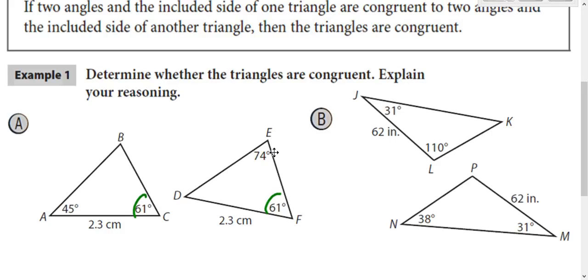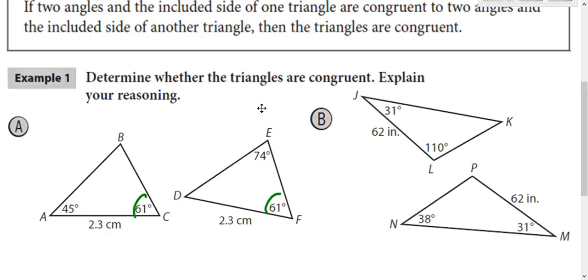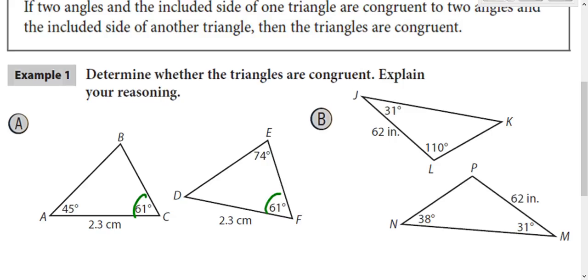The only problem here is we have 74 degrees up top, which means we don't know what angle D is. That's the first thing we're going to do. So 61 plus 74 is 135. To figure out the measure of angle D, we're going to subtract that from 180, and we get 45 degrees.